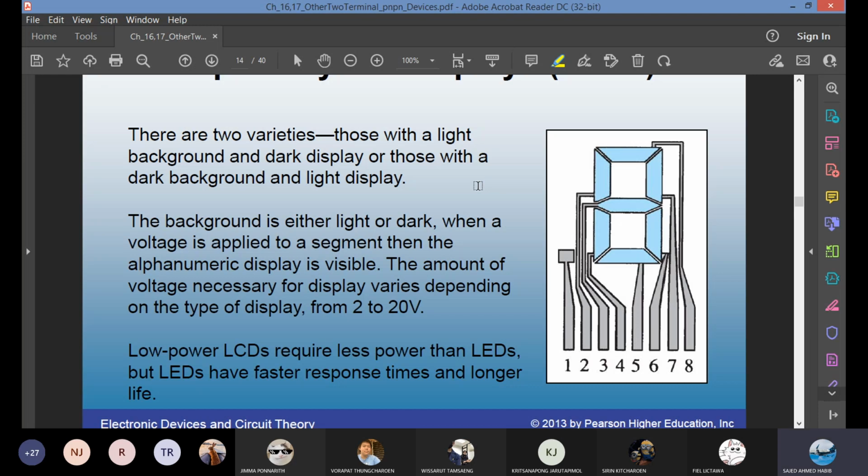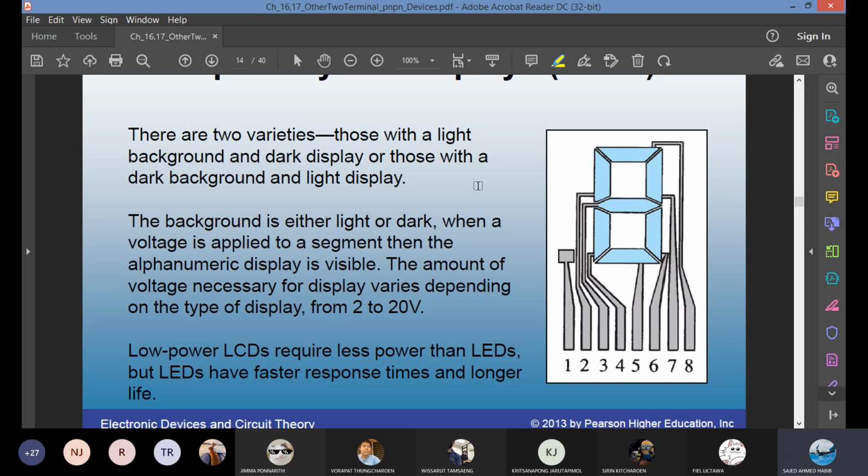Another concern or consideration was turn on and turn off time. This one tells about faster response times for LEDs. Okay, what is the typical range? For the liquid crystal display, the turn on, turn off time may be between 100 milliseconds to 300 milliseconds.